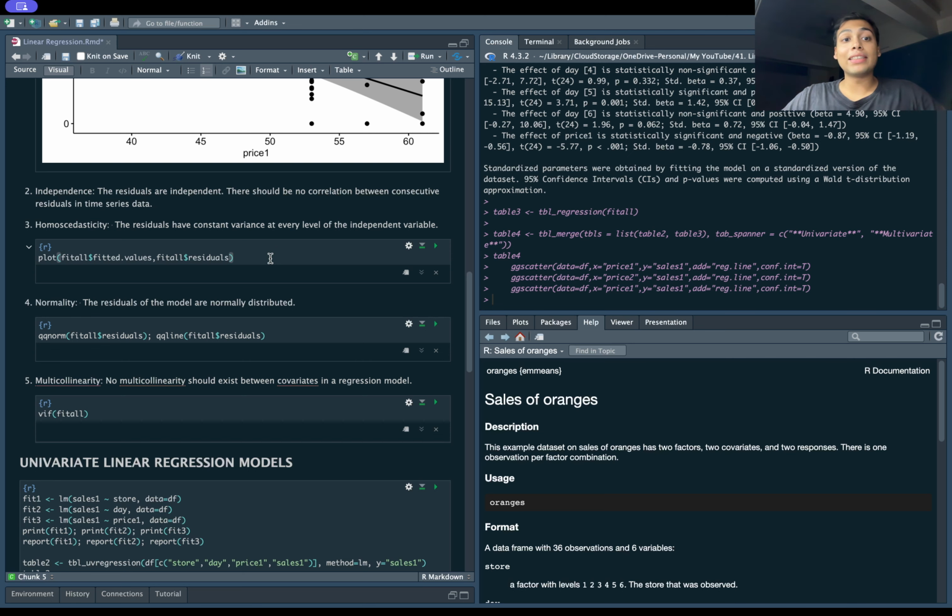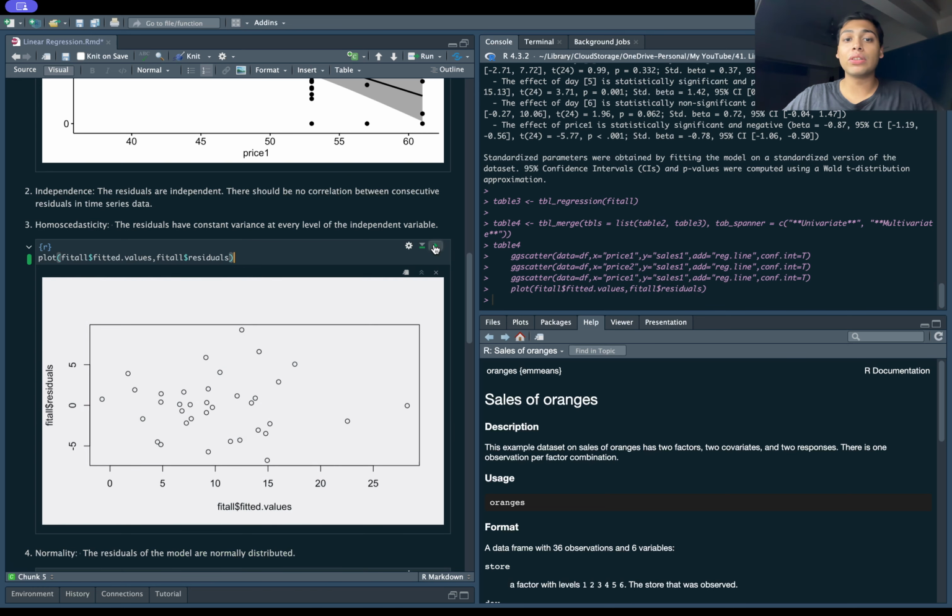Homoscedasticity. The residuals have constant variance at each level of the dependent variable. Just plot the fitted values with the residuals and see if the variance, that is the spread, is the same throughout the fitted values. So I would say this is the residual. By spread I mean how much it is spread vertically.